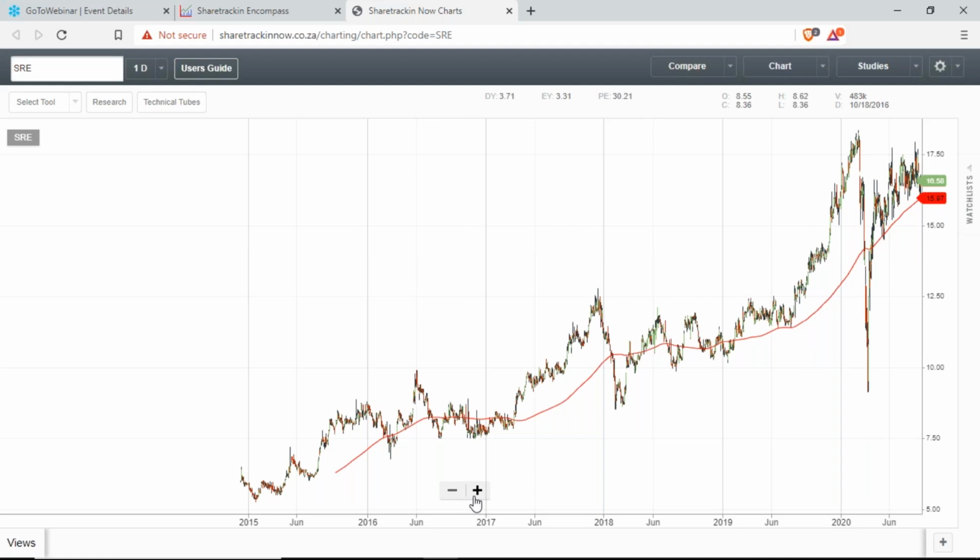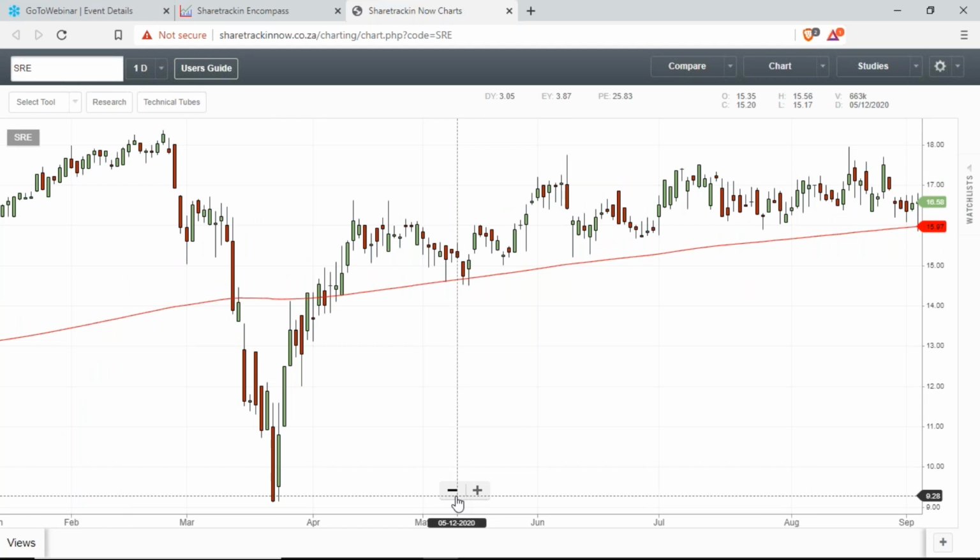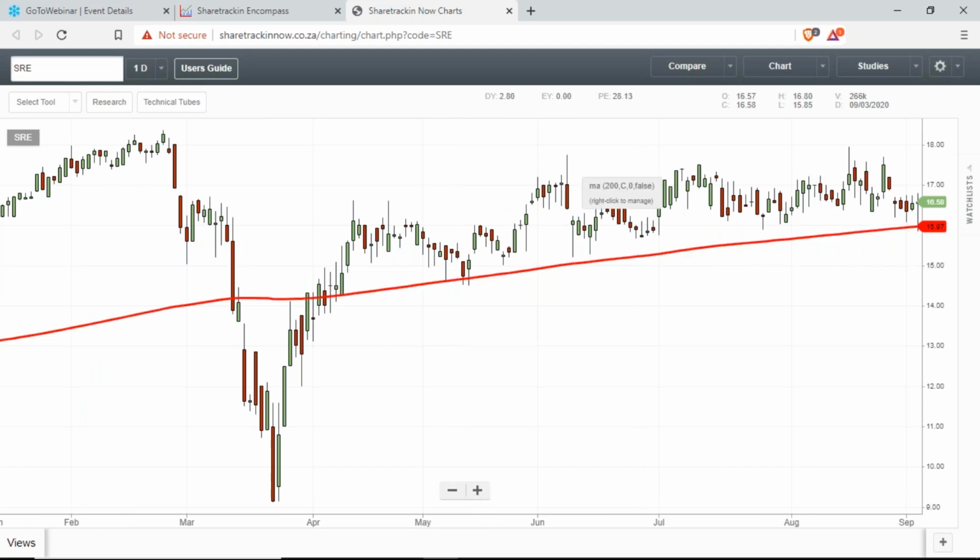The second thing our moving average shows us, because it's an average, it gives me the average price of the share. And then it tells me whether this share is performing above or below average. Like this share is above average. We don't want to invest in a share that's below average.